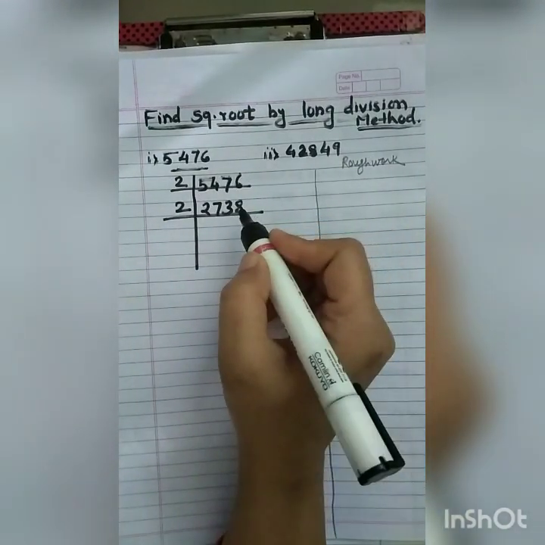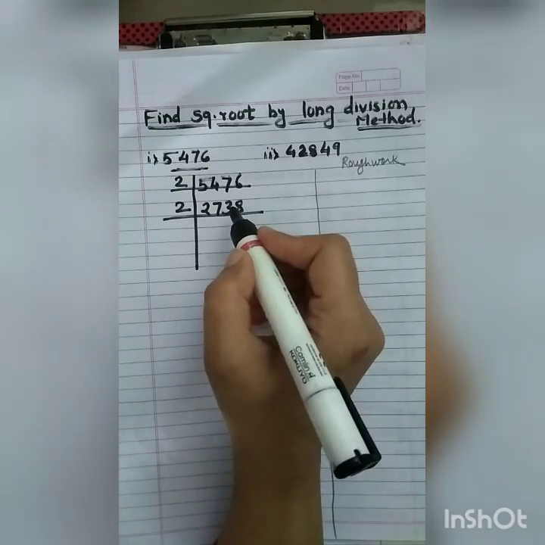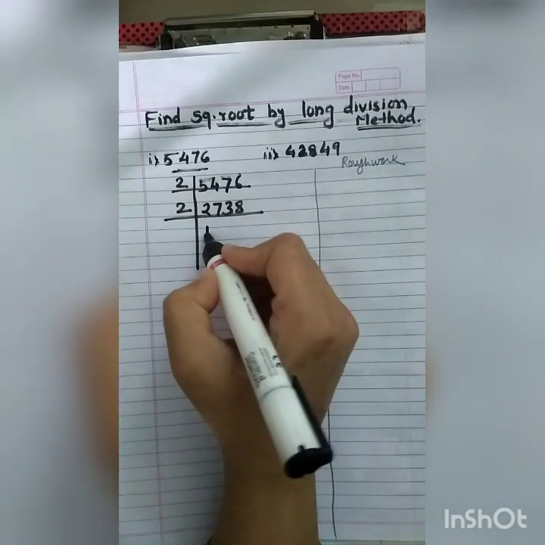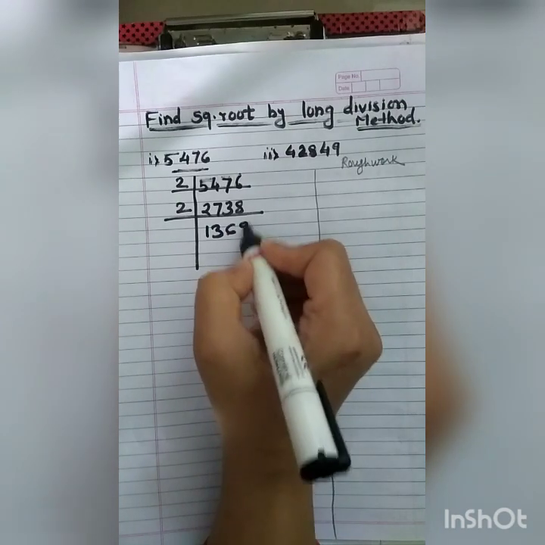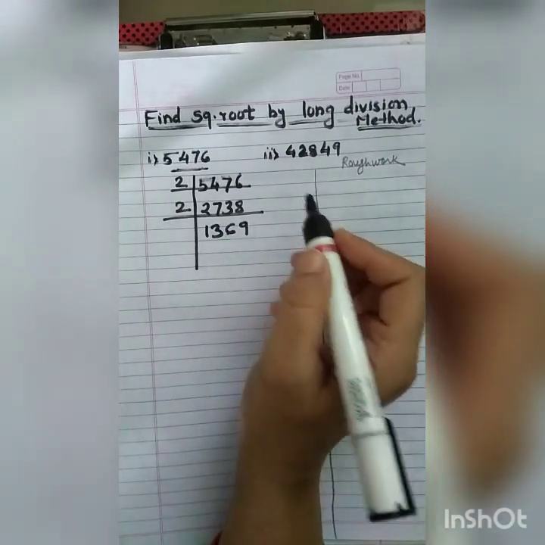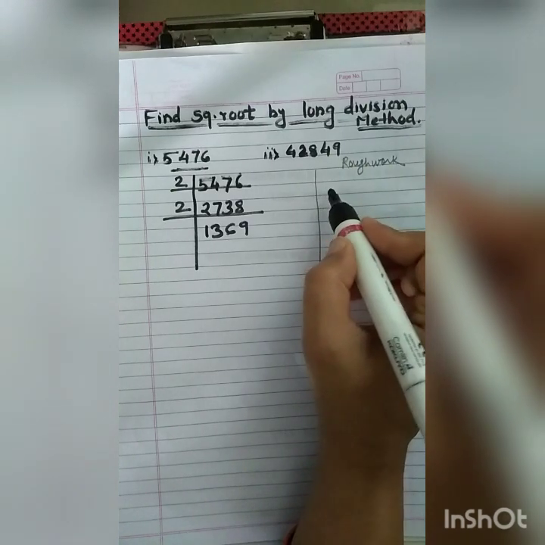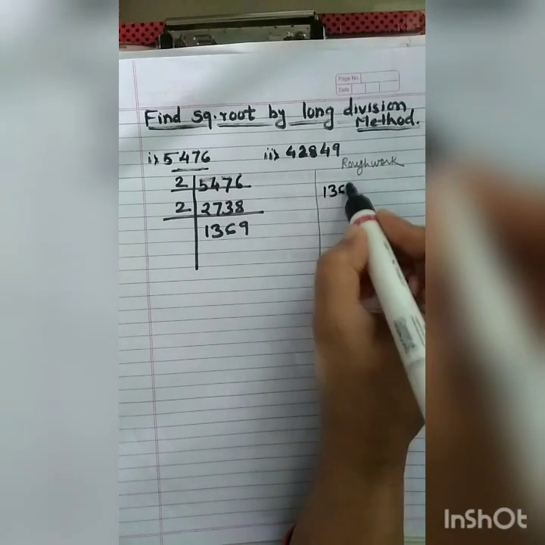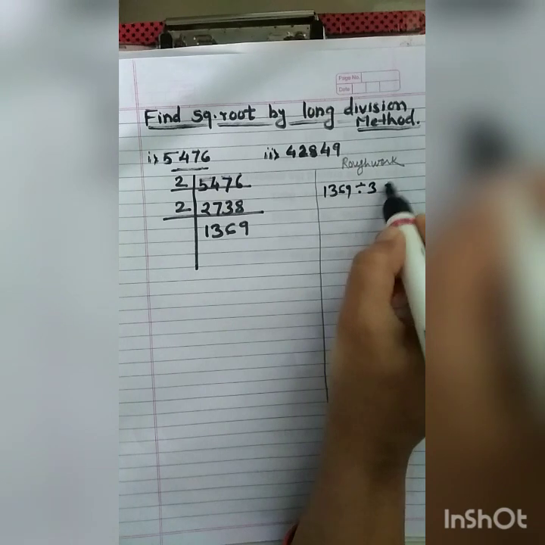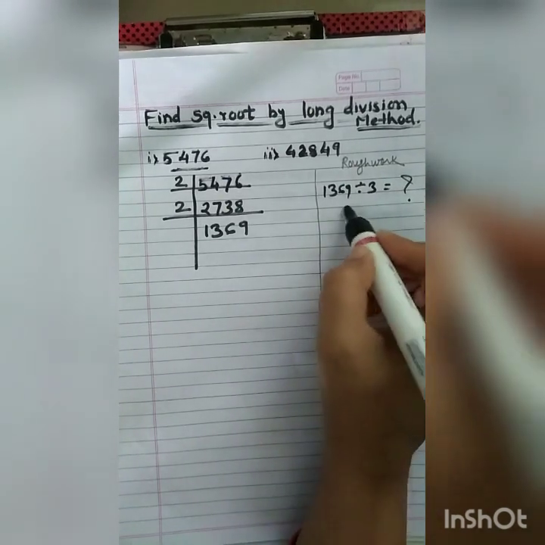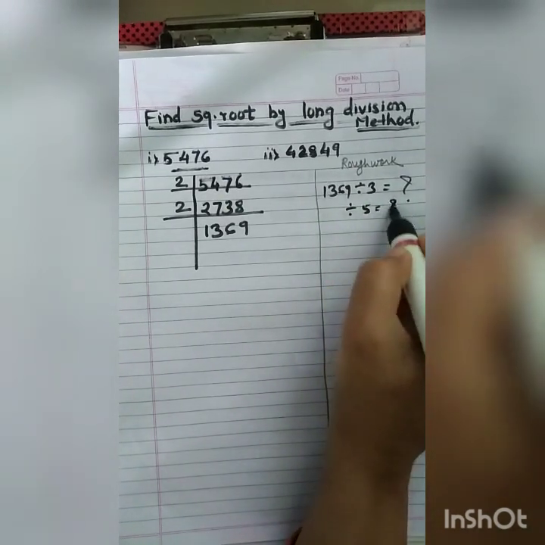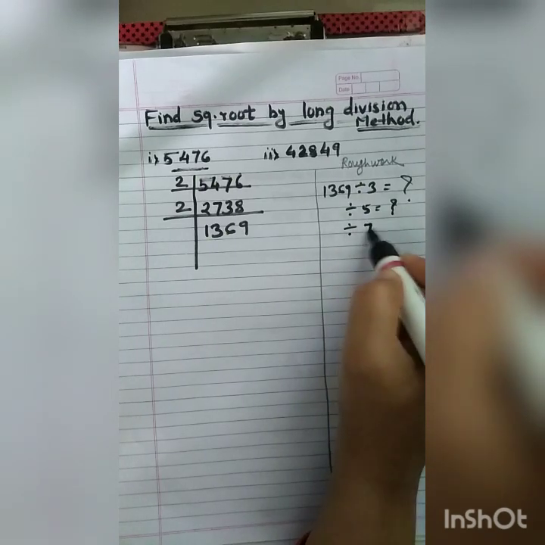After 2, we get 1369. Now 1369: when you divide by 3, you will not get the answer. Divide by 5, you will not get the answer. Divide by 7, you will not get it.